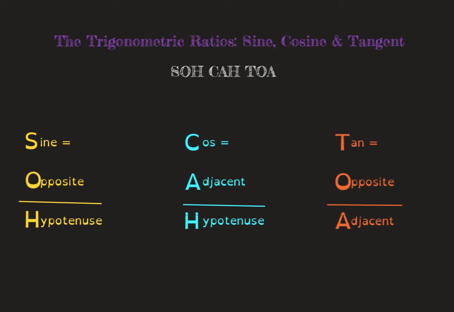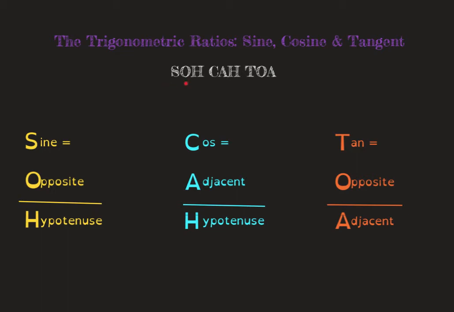Now, there are three trigonometric ratios that we use for trigonometry. Those are sine, cosine, and tangent. But I just refer to them as sine, cos, and tan, just because it's faster. Now there's this weird little phrase called SOH CAH TOA that you will hear repeatedly during this unit, and it's one that you need to memorize because it helps you to find out which trigonometric ratio you're going to be using in the trig questions.